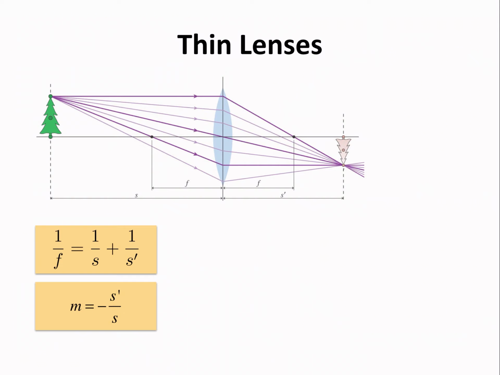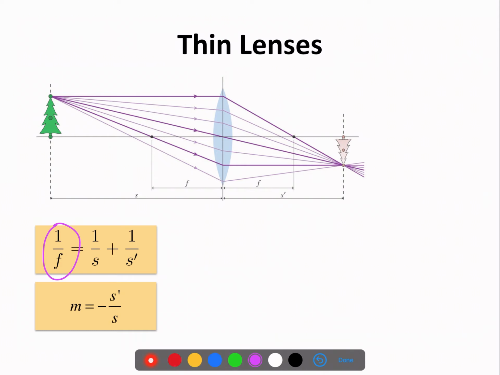For thin lenses, we also have this other equation, which is the thin lens equation. And it's pretty simple. It's 1 over the focal length is equal to 1 over the object distance, meaning the distance from the object to the lens, S, plus 1 over the image distance, the distance from the lens to the image.